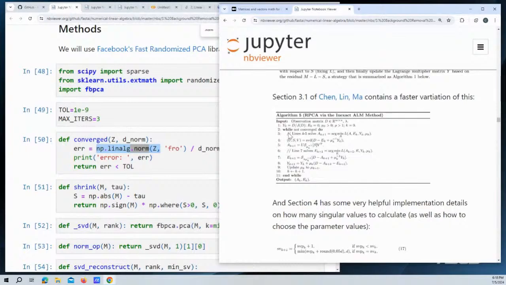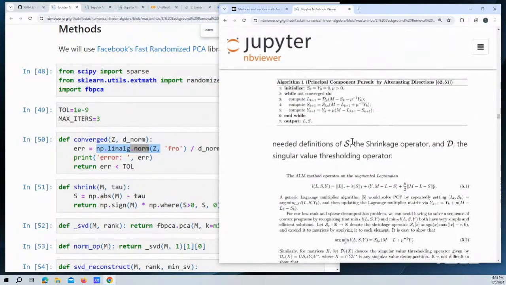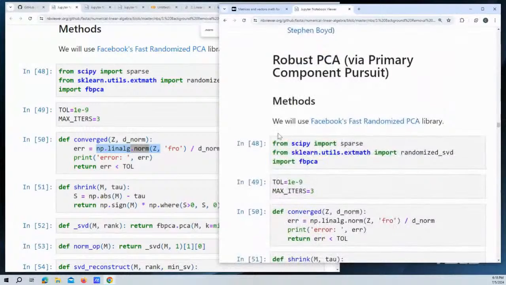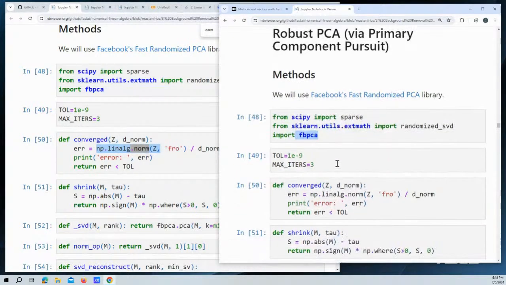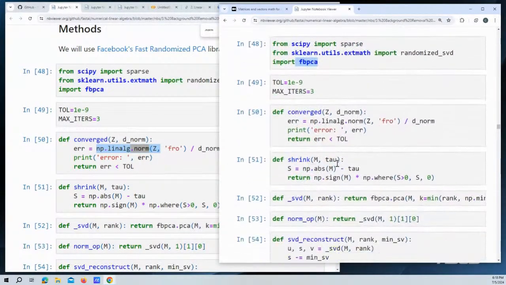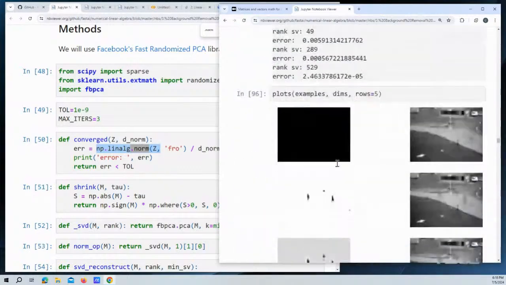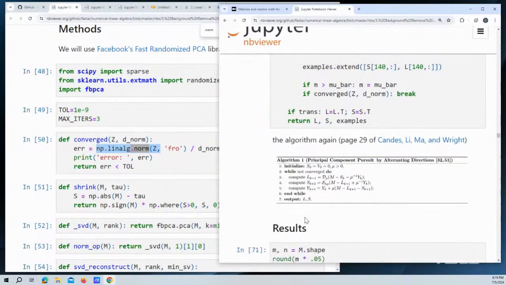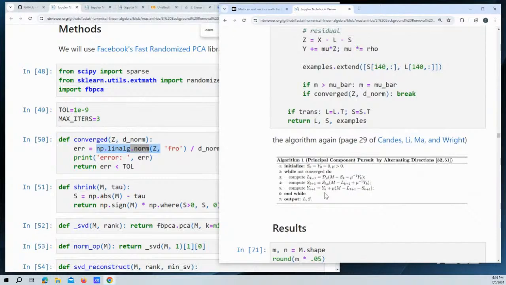When we're talking about converge, lines 4 through 5 solve this. Methods: we use Facebook's fast randomized PCA. Results, the algorithm again. Okay, so this is the algorithm for this code.